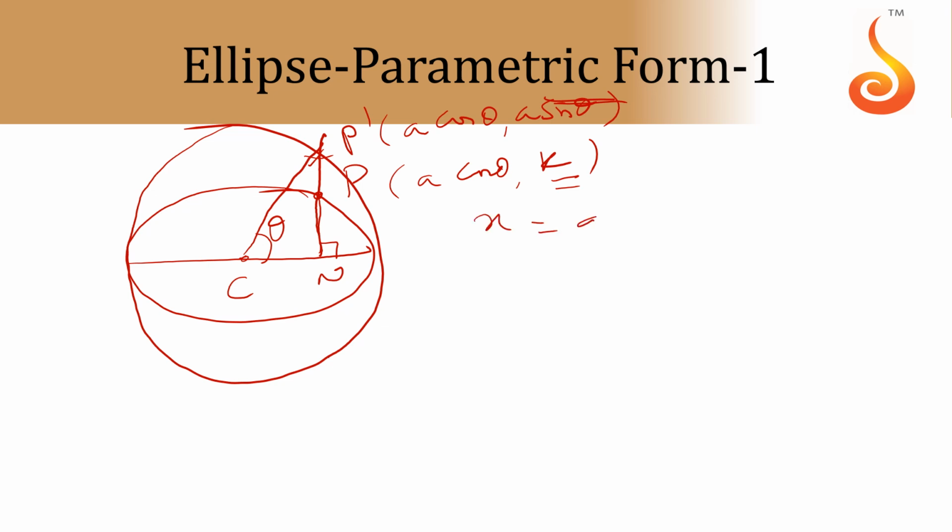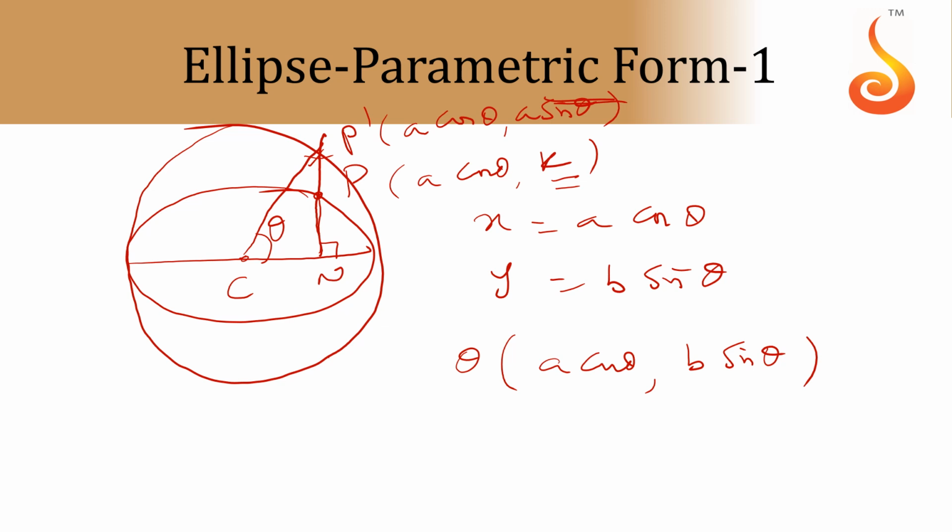So x equals a cos theta, y equals b sin theta will be the parametric equations, and this is represented by the point theta. So if I say alpha is a point on the ellipse, you should understand it as a cos alpha comma b sin alpha.